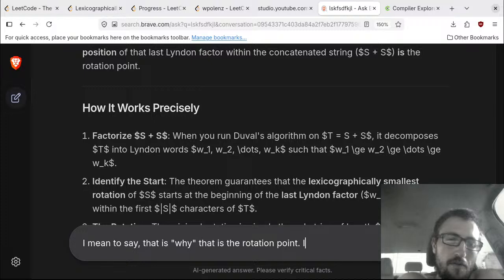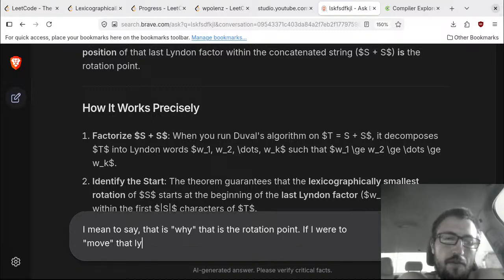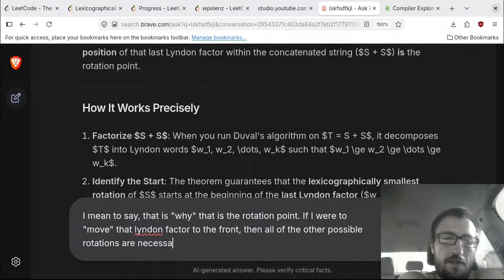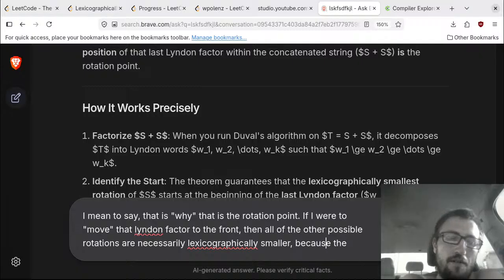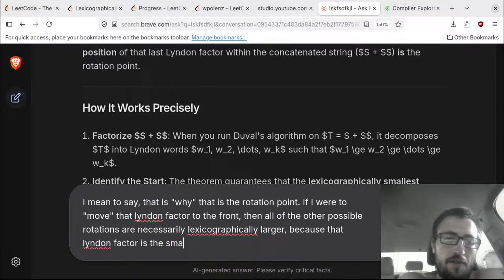If I were to move the factor to the front, all of the other possible rotations are necessarily lexicographically larger, because that Lyndon factor is the smallest.